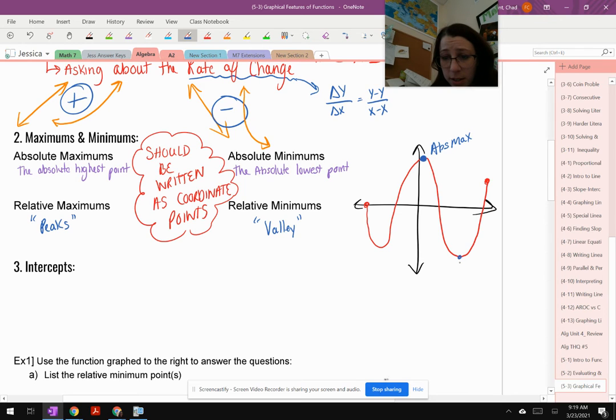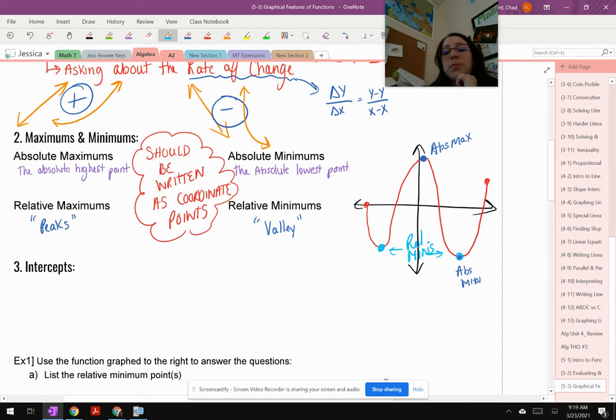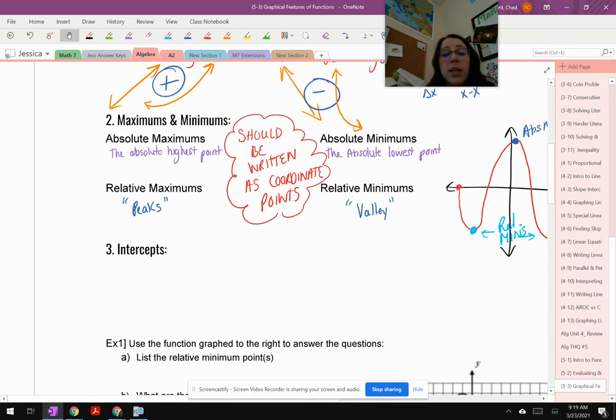This would be the abs min. But these pieces over here, you have this and this. These are both also relative mins. They're those peaks and the valleys, the top of the hill or the bottoms of the hill.